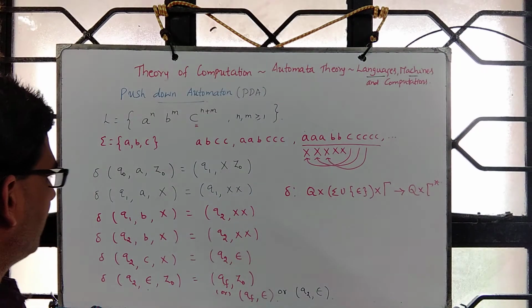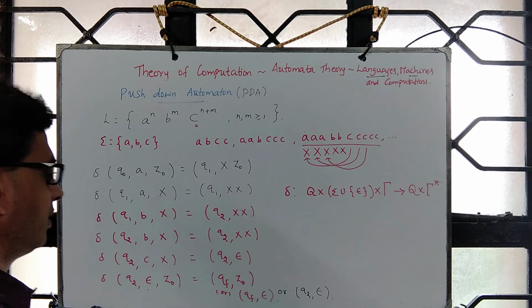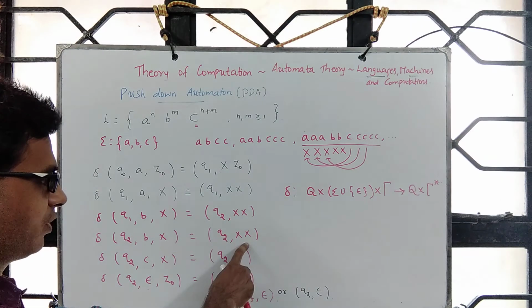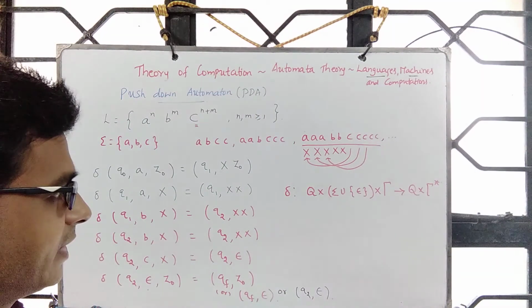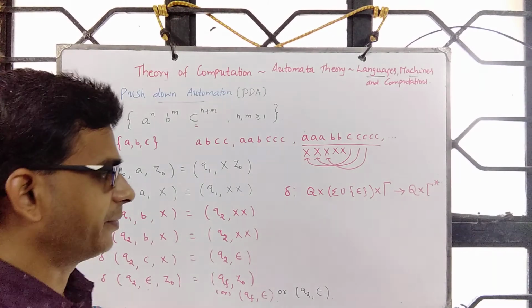And we see that for each of them we move to exactly one state along with stack configuration. Therefore, this design is deterministic, or it is a deterministic pushdown automaton.